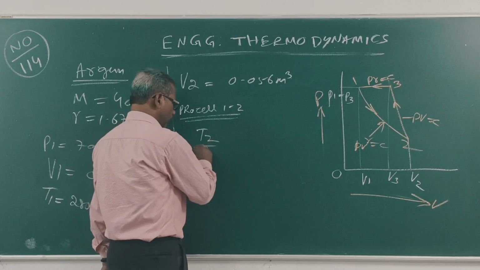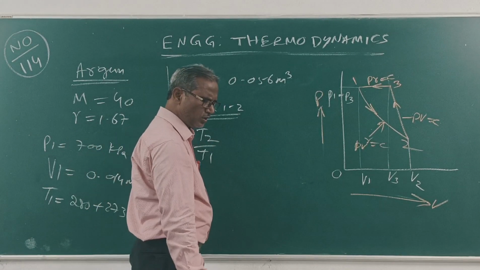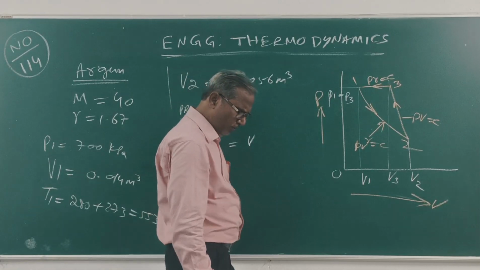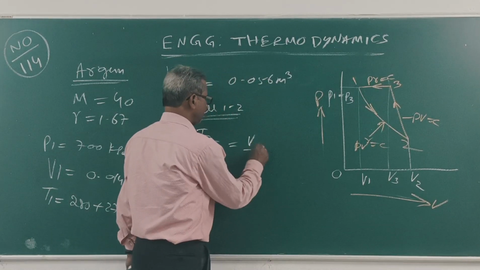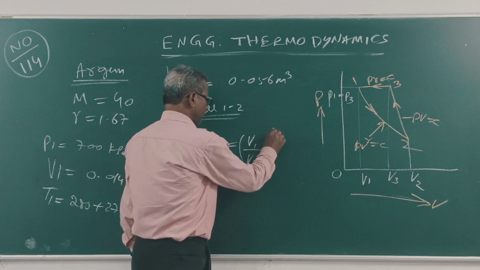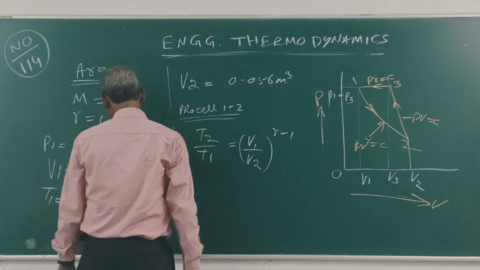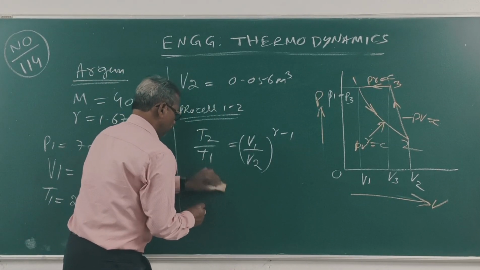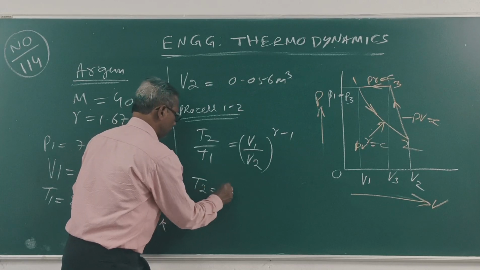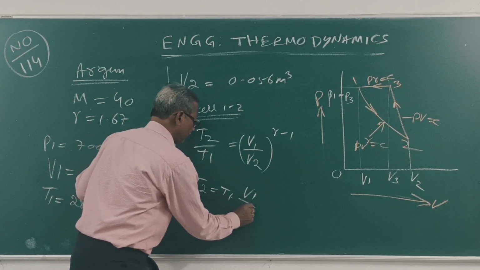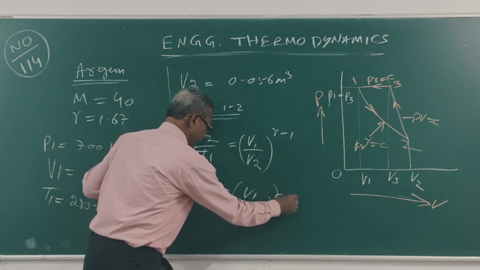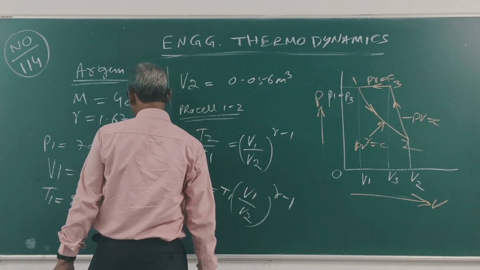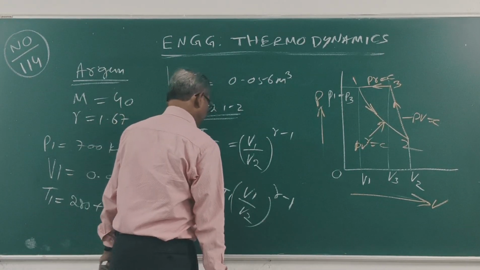T2 by T1 is equal to V1 by V2 to the power of gamma minus 1. So T2 is equal to T1 into V1 by V2 to the power of gamma minus 1. Clear? What is T1? T1 is 553.